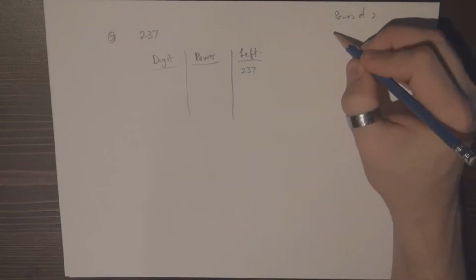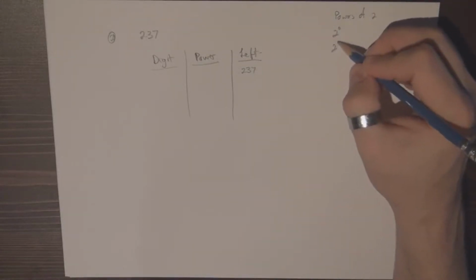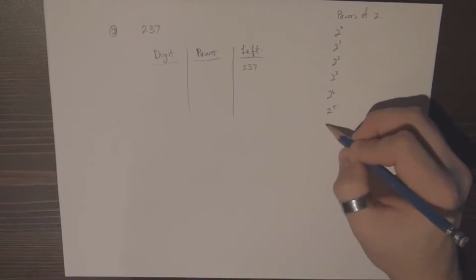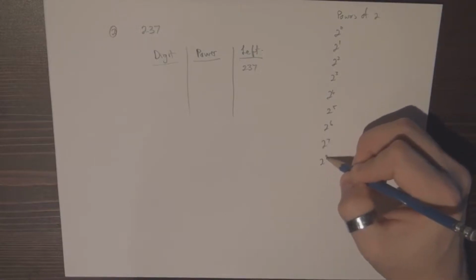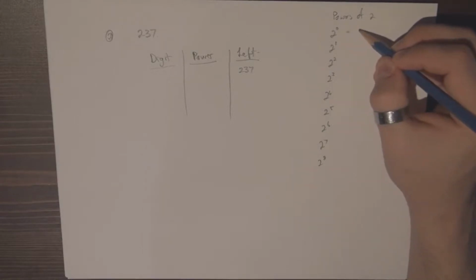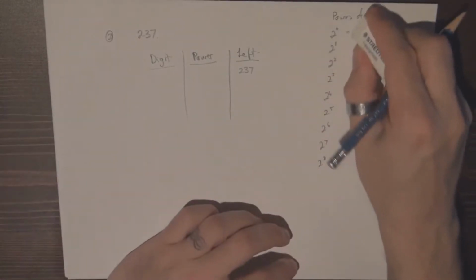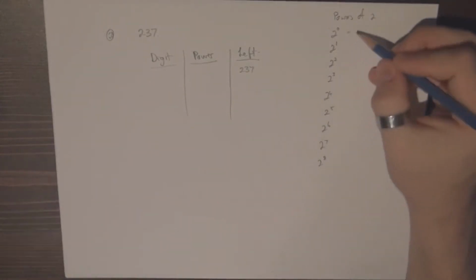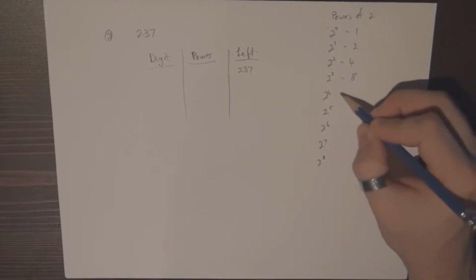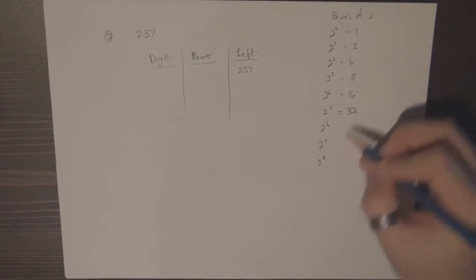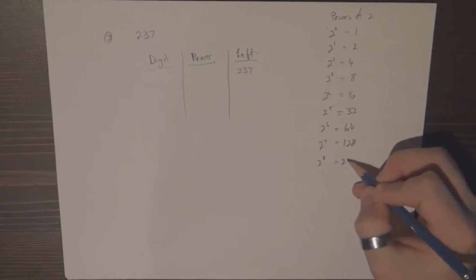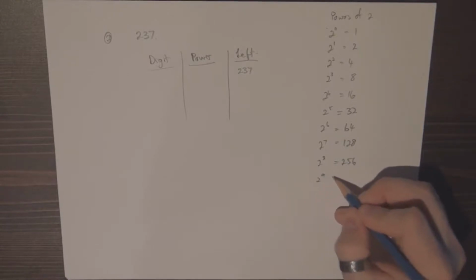Powers of 2: 2 to the 0, 2 to the 1, 2, 3, 4, 5, 6, 7, 8, and we'll see how many we need. 2 to the 0 is just 1. 2 to the 1 is 2, then 4, then 8, 16, 32, 64, 128, 256. I can keep going if I want to.